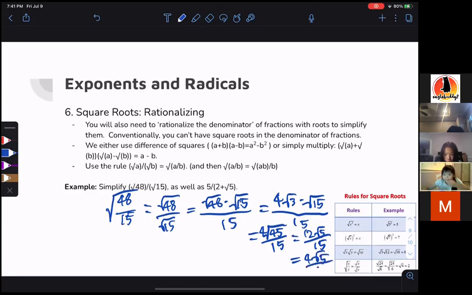And then for B, times by the conjugate of 2 plus root 5.